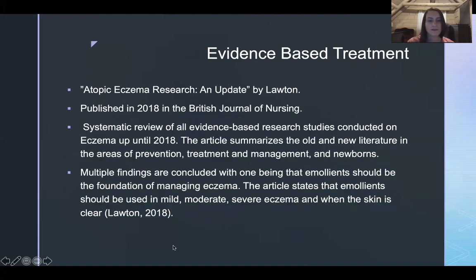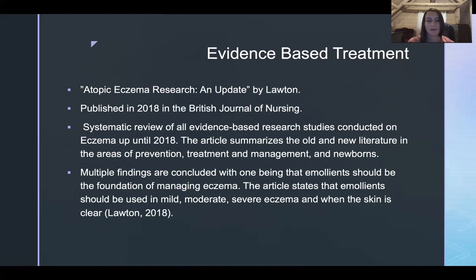Another evidence-based treatment: Atopic Eczema Research and Update by Lawton, published in 2018 in the British Journal of Nursing. It is a systematic review of all evidence-based research studies conducted on eczema up until 2018. It summarizes all the old and the new literature in the areas of prevention, treatment, management, and eczema involving newborns.